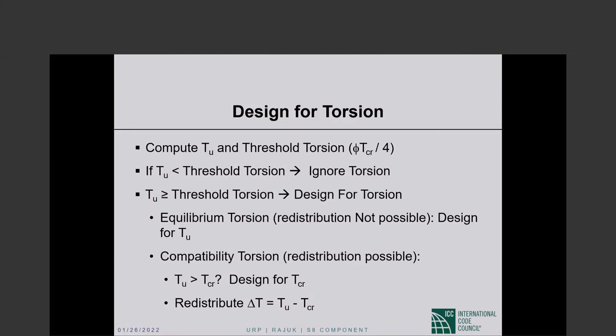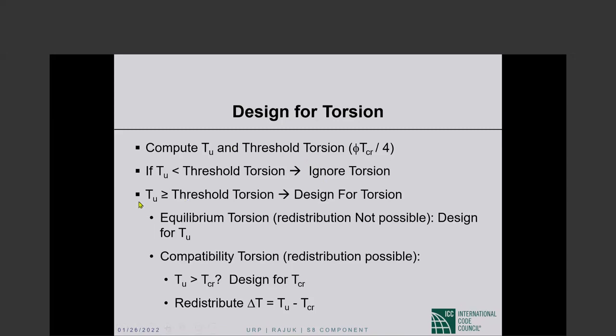Threshold torsion is 1/4 of the cracking torque, the torsion that causes torsional cracking of the member. We can figure that. Okay. So if the applied torsion, the required torsional strength T sub u, is less than the threshold torsion, 1/4 of the cracking torque, then we can simply ignore that torsion. There is no torsional design in that case. The torsion is too small to count.